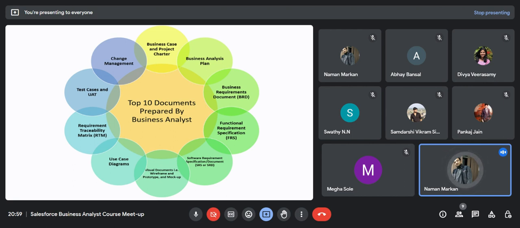So this is not limited to a particular process, but there might be n other documents which are going to be helpful for you, but these are the top 10 which we have covered. I hope you find this useful, and that these documents will clear certain doubts in your mind, right?